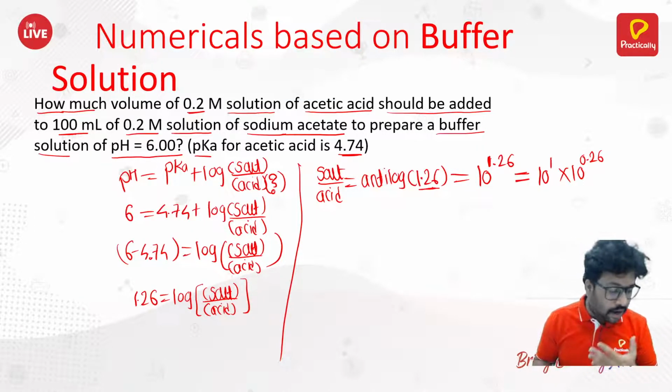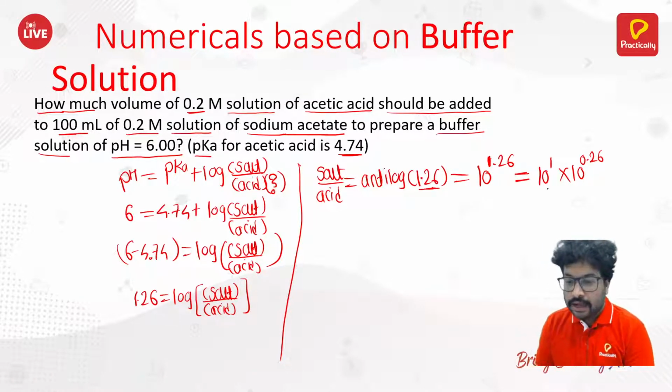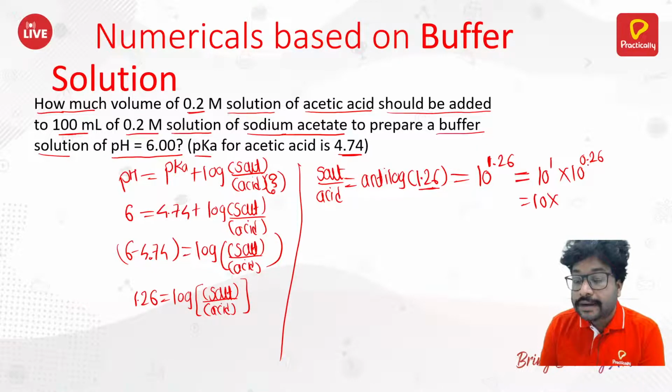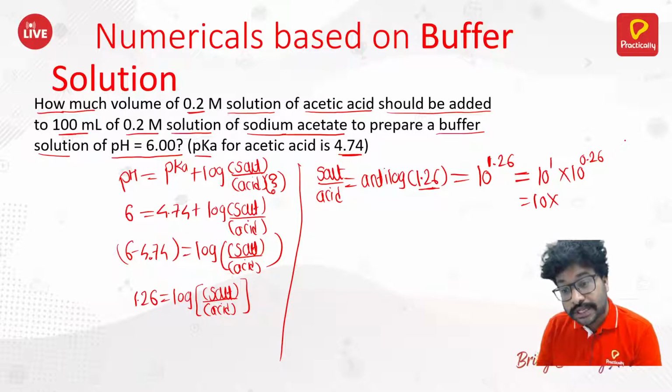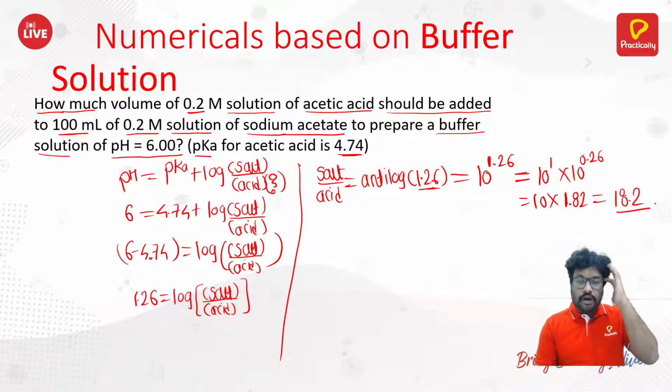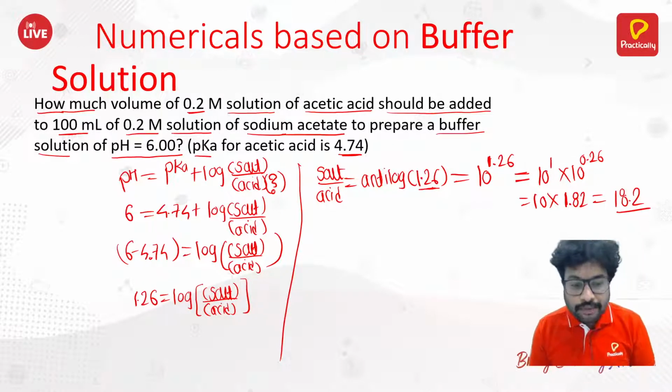You must have learned all of this in mathematics. 10 raised to 1 is 10 only, and 10 raised to 0.26 is 1.82. So that makes this equal to 18.2.